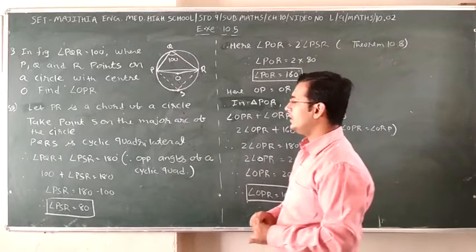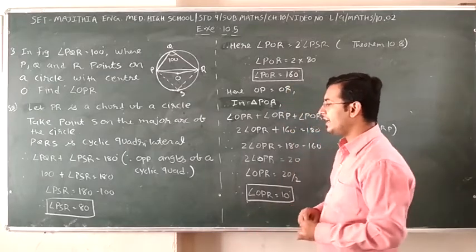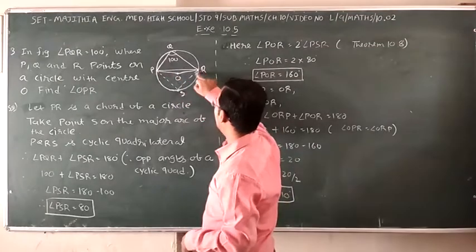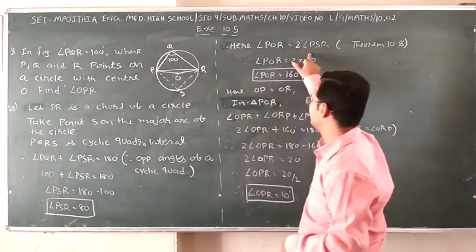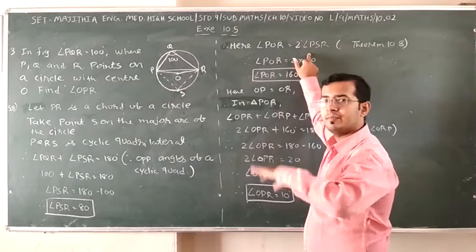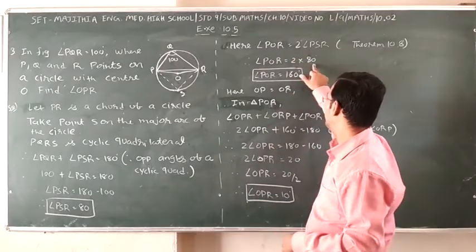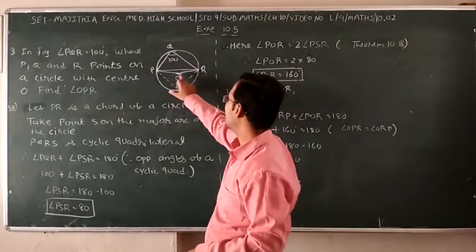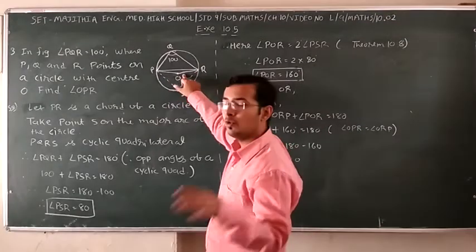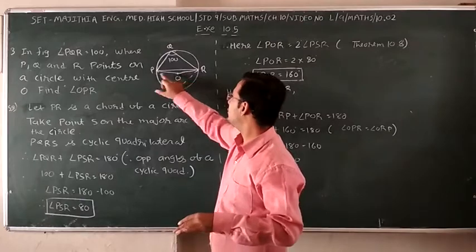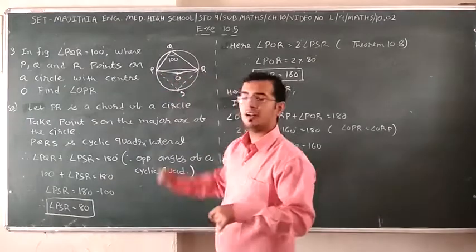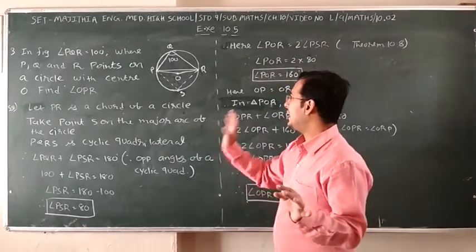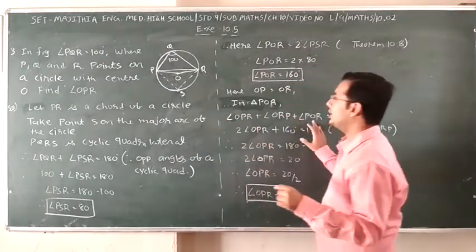Now, using theorem 10.8, angle POR is equal to 2 into PSR, since the angle subtended by the arc at the center is double. 2 into 80 is 160. Here OP and OR are radii, so both are the same, and the angles OPR and ORP are also equal.